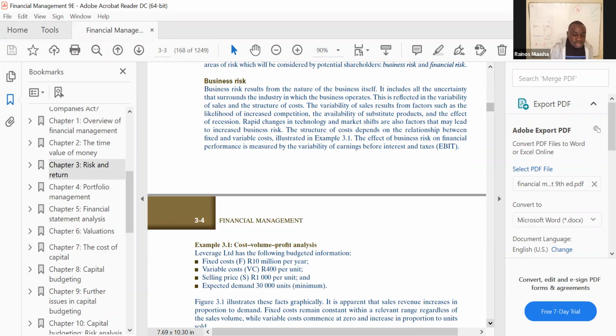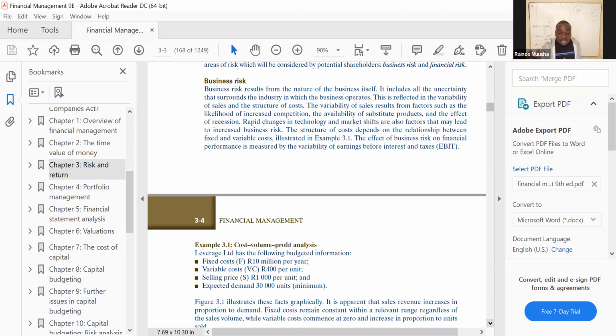Business risk is reflected in the statement of comprehensive income when you're looking at your sales revenue and your operating expenses. So the business risk element is reflected in your statement of comprehensive income when you're looking at the relationship between your revenue or your income compared to your operating expenses.